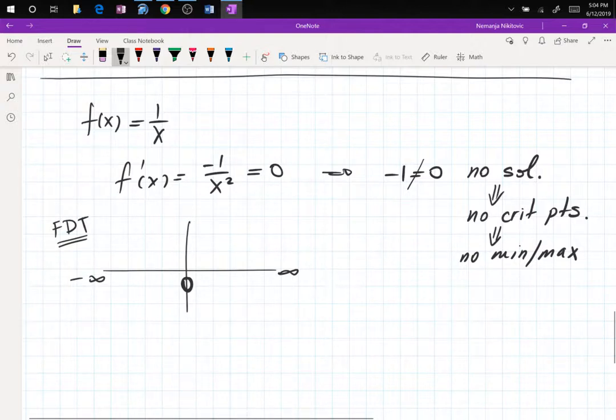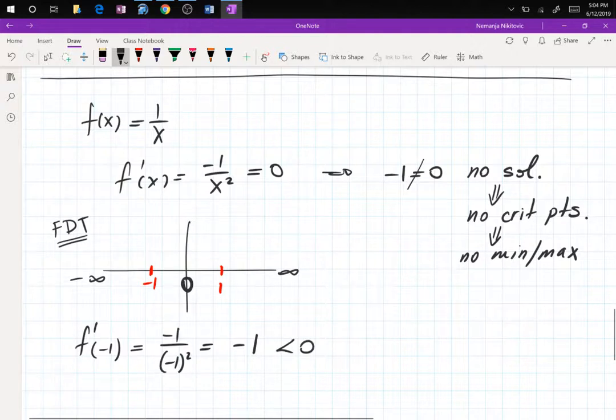So now I pick two test points. It's always the same story. We do the first derivative test at negative 1. That's going to be negative 1 over negative 1 squared, which altogether is negative 1, which is less than 0, which means f of x is decreasing, so we'll put the arrow down.